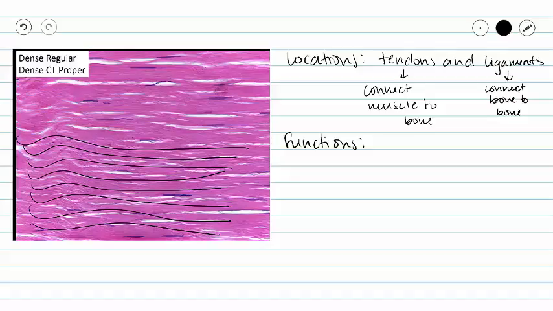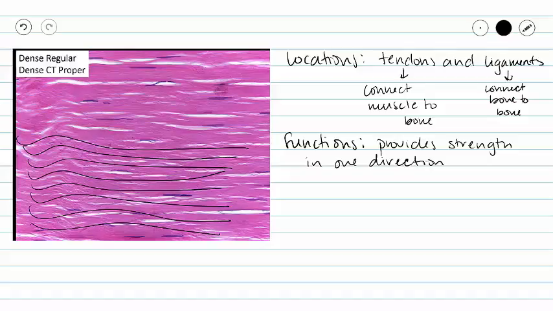Which means that we are providing a lot of strength in one direction. So when we think about our tendons, our muscle is going to contract and pull on our bone, and so our dense regular CT proper in our tendons is providing a lot of strength when our muscle pulls on our bone to produce movement. And then with our ligaments, we are going to bind bones together so that when our bones move with muscle contraction, we don't fall into this great heap of a human.